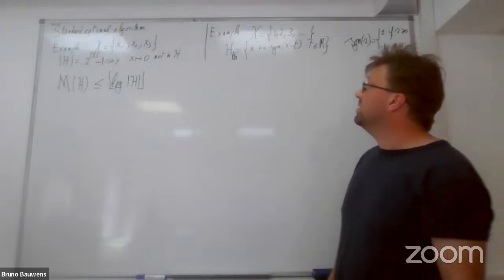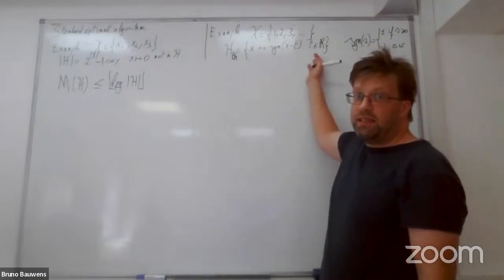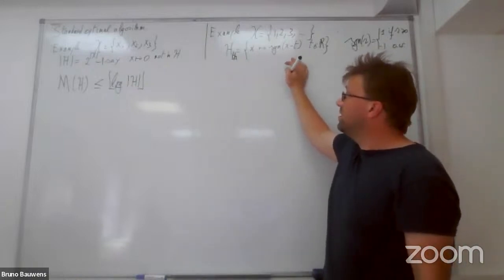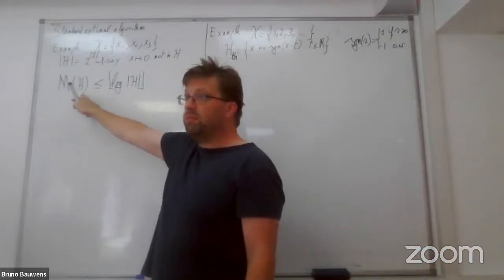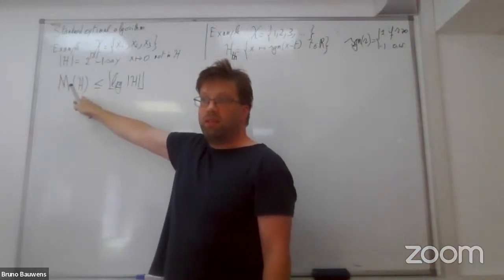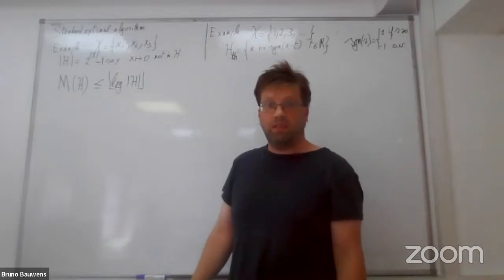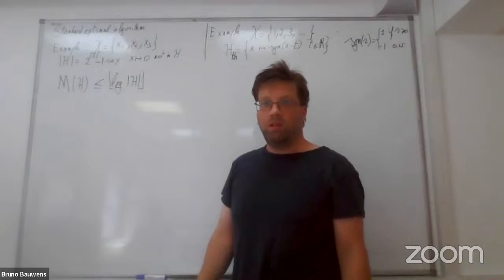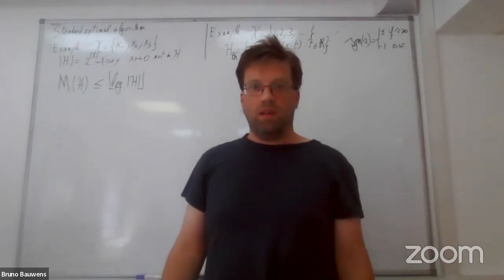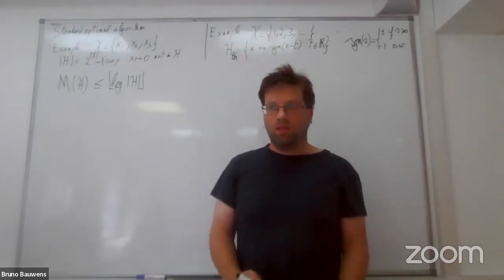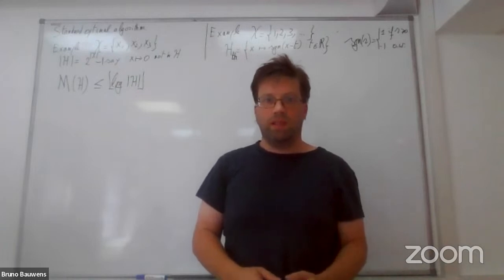The claim is that this is of infinite size, infinitely many threshold functions, but there is a strategy to make at most one mistake. So do you know what the strategy is?